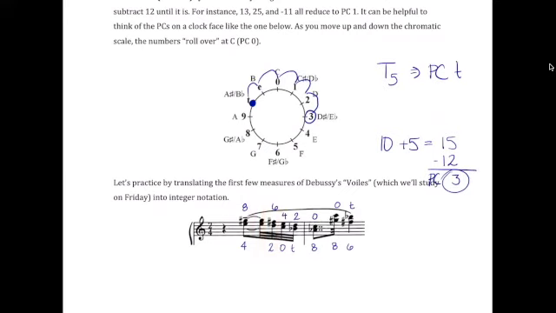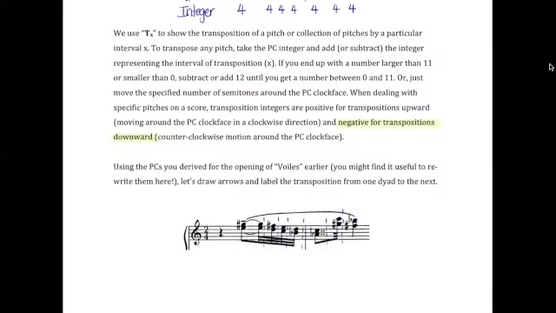All I need to know is what you had to do to get from 8 and 4 to 6 and 2. So 8 to 6, 4 to 2, you had to subtract 2, right? So your transposition then for this first dyad is T negative 2.